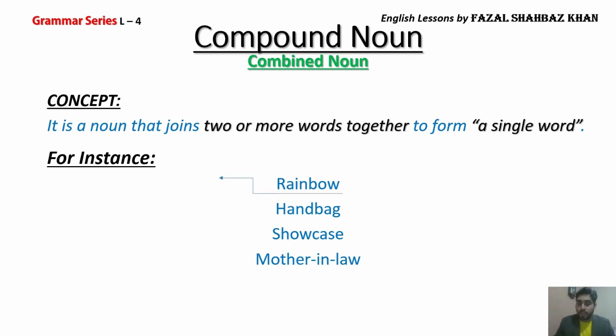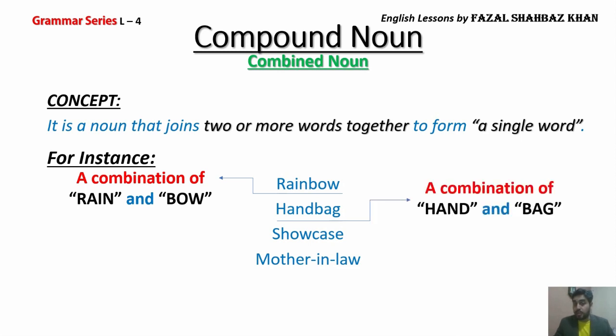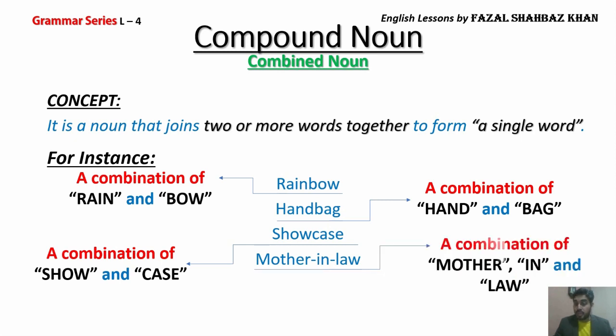So as you can see, rainbow is a combination of rain and bow, giving you different meanings when they are separated. Hand and bag, for the same reference, are two different words separately. Show and case, again two different words, and in the last case, mother-in-law, there are three different words, as you can see, joined together by the use of hyphen.